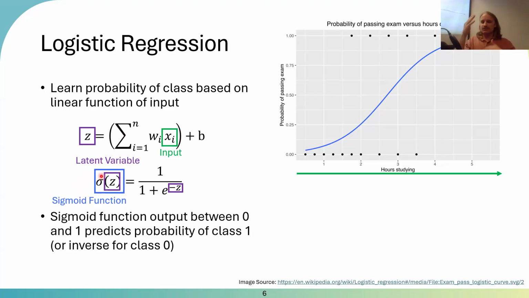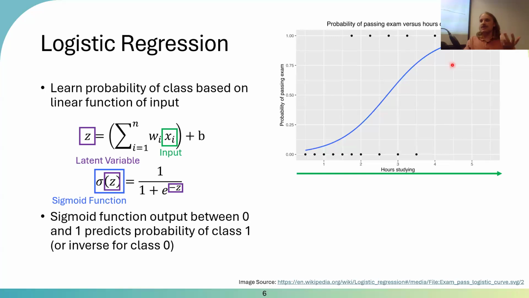In this example on the right-hand side, we're considering, based on how many hours a student studies, what's the probability that they pass the course. We really have only two classes, where pass is one class and fail is the other. So the sigmoid function would be outputting the probability that you are indeed passing, which is shown by the blue curve here.